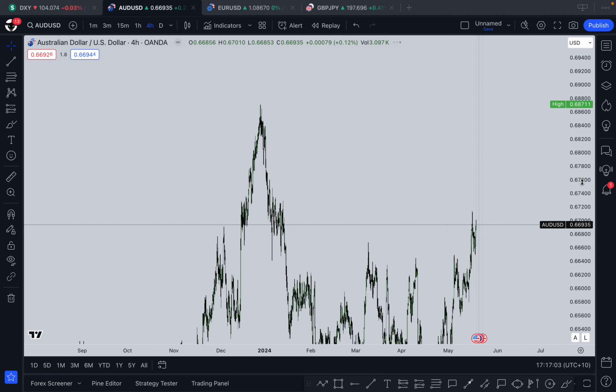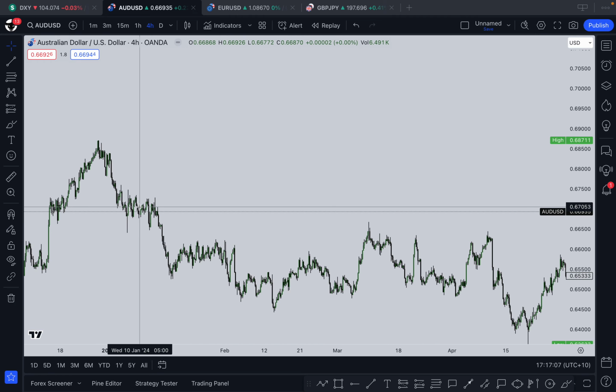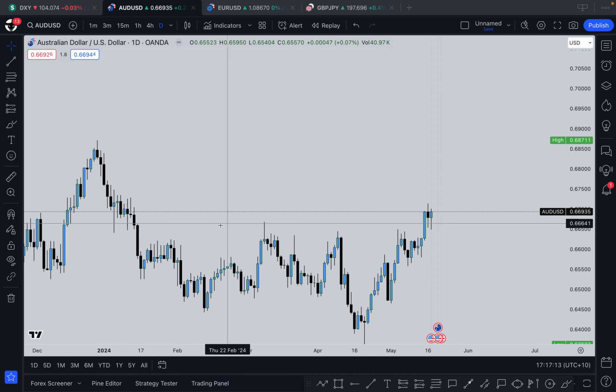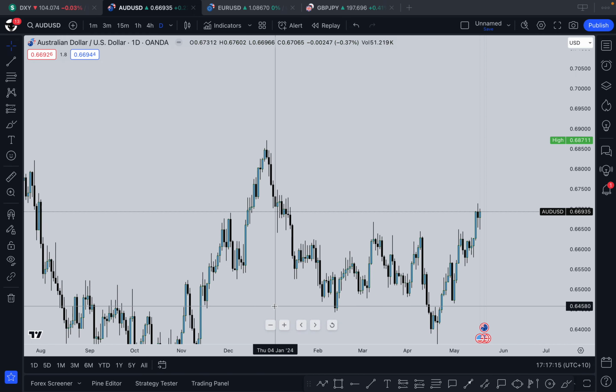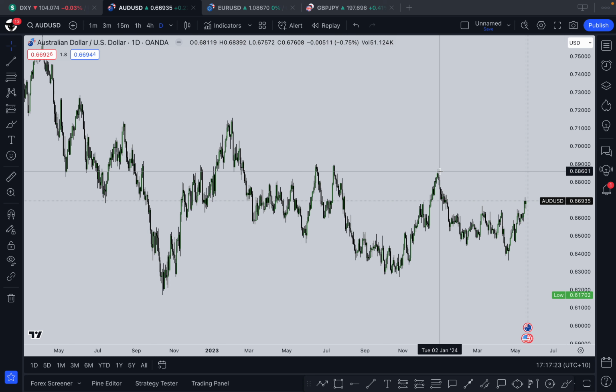So if we go up, what can we expect if we move up? Jet, you're right. We do have this supply zone here, but I don't think it's that major, right? Because, just like we talked about in our knowledge session here, we had this high, right?